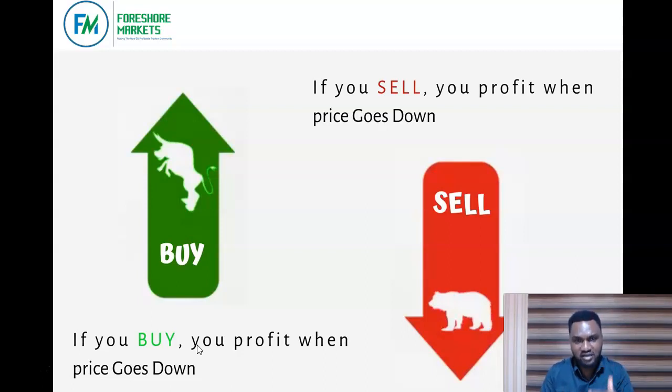As long as you've done your analysis well and you know exactly what you're doing, you should likely end up in profit. And so that's a brief summary of how you make money in a rising market. You buy, you allow whatever you buy to appreciate in value, and then you sell off for a nice profit.